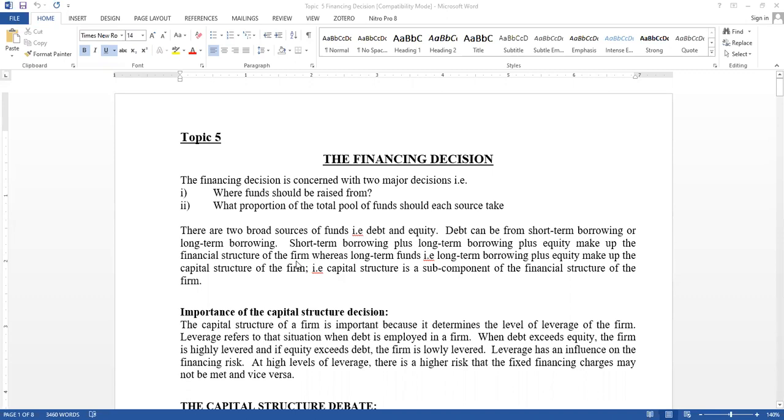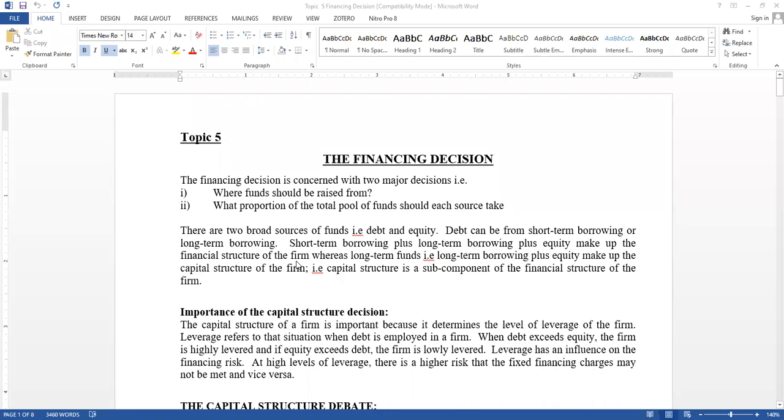Because you find that in most cases, you do not use one source of finance. You employ a mix. There is a combination of either debt or equity. And maybe debt can be from short-term borrowing or long-term borrowing, okay? And maybe equity, you are getting the money from the shareholders, okay?